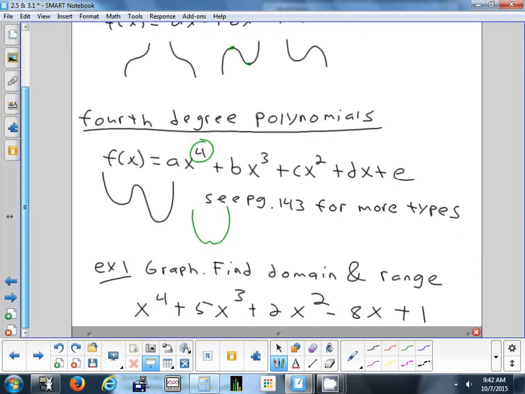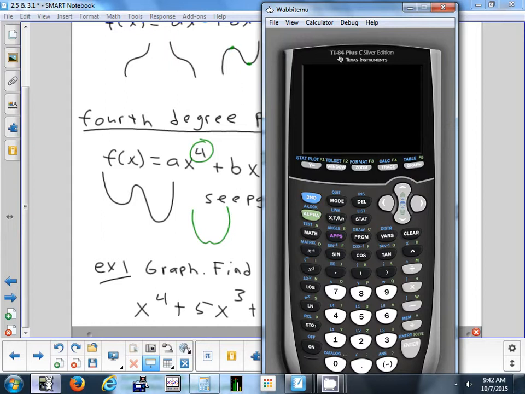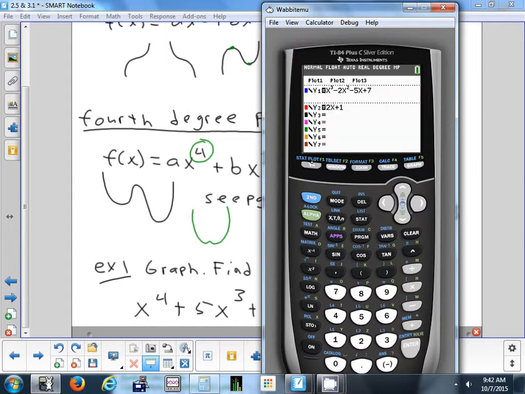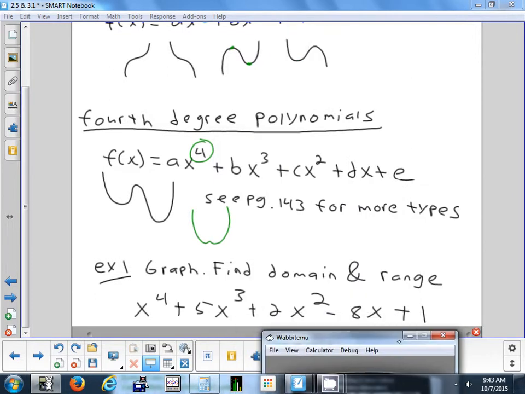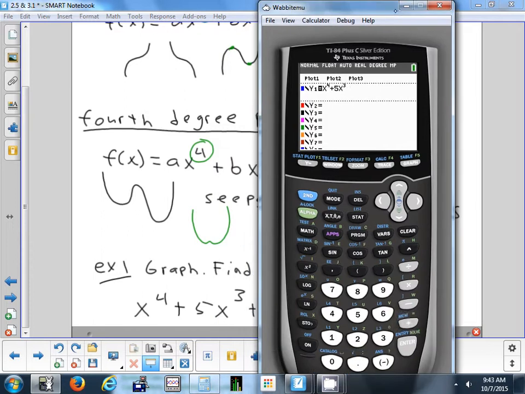All right, so this one, let's just graph it and see if we can find the domain and range. So it's x to the 4th plus 5x cubed plus 2x squared minus 8x plus 1.